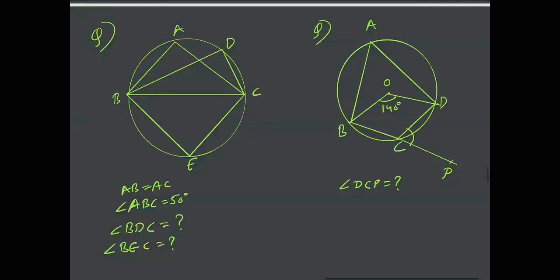So here in this triangle ABC, you are given AB is equal to AC and angle ABC is 50. You need to find these 2 angles. And here you need to find angle DCP.